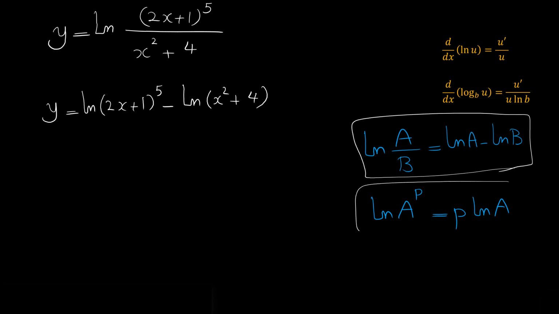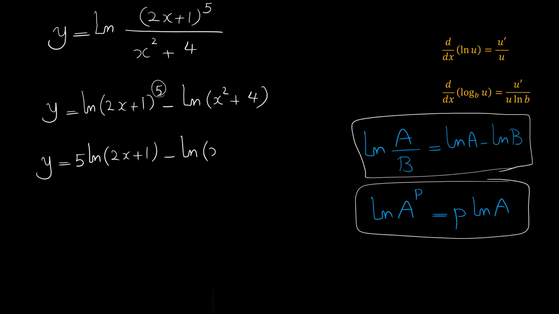Now by using the second property, we can bring this power 5 to the front of ln, and so we have 5 ln of 2x plus 1 minus ln of x squared plus 4. Note that so far we just simplified our function, and now our function is ready to be differentiated.